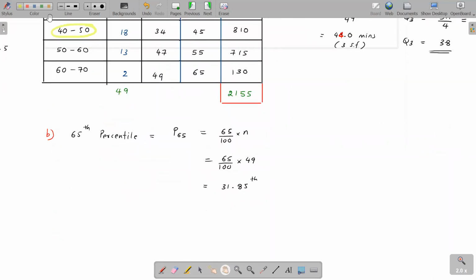Okay, so it comes between 40 and 50. So now let's draw this line and mark this P65. P65 is 31.85.